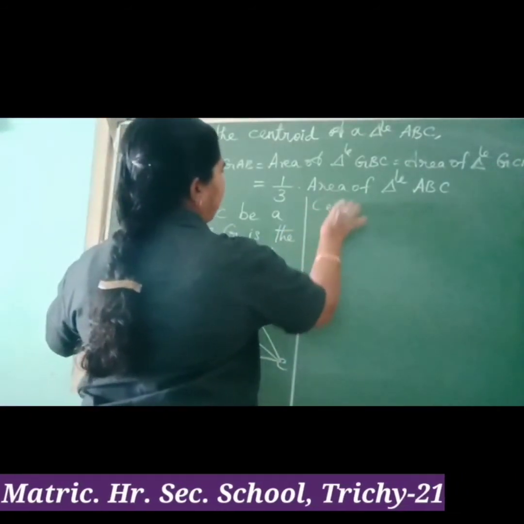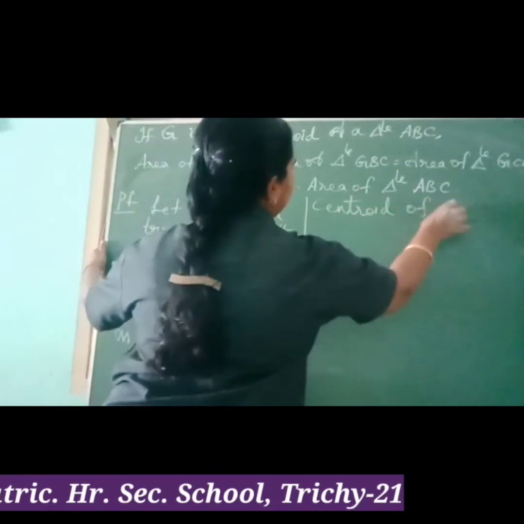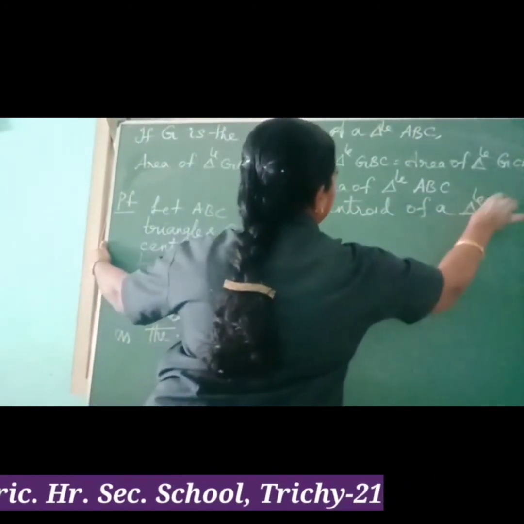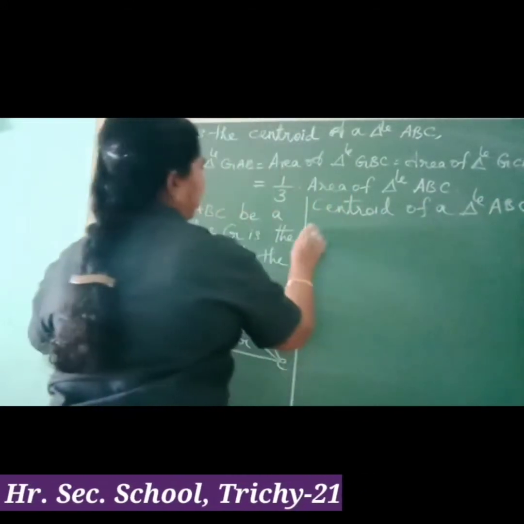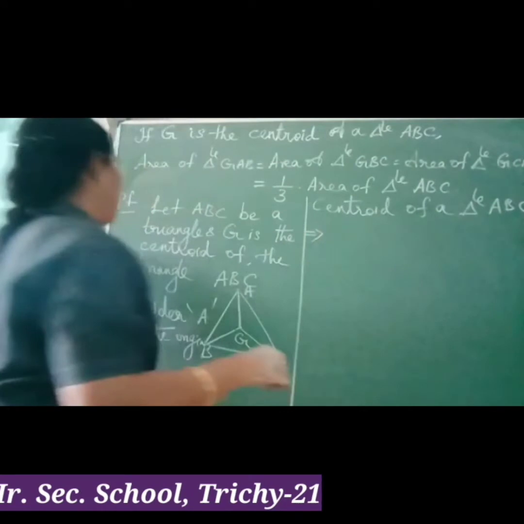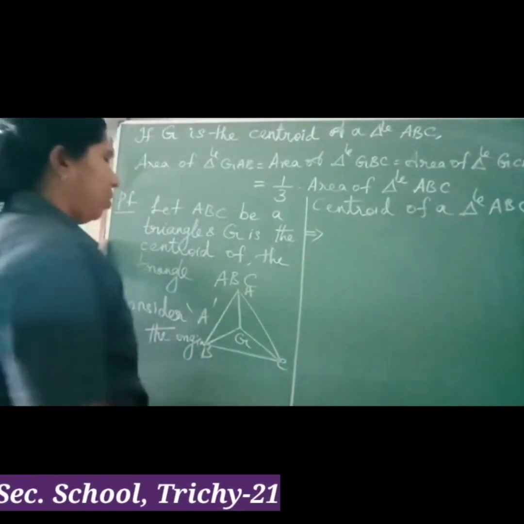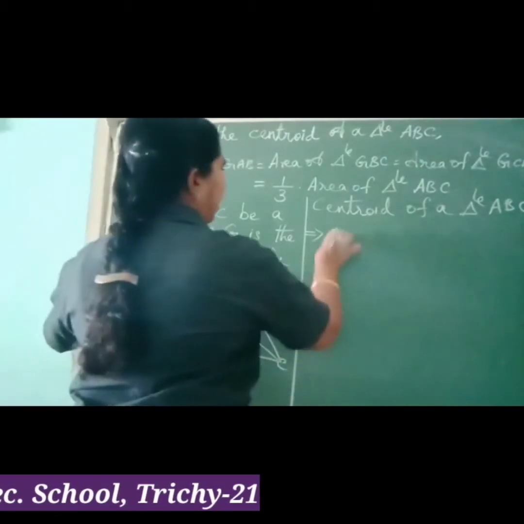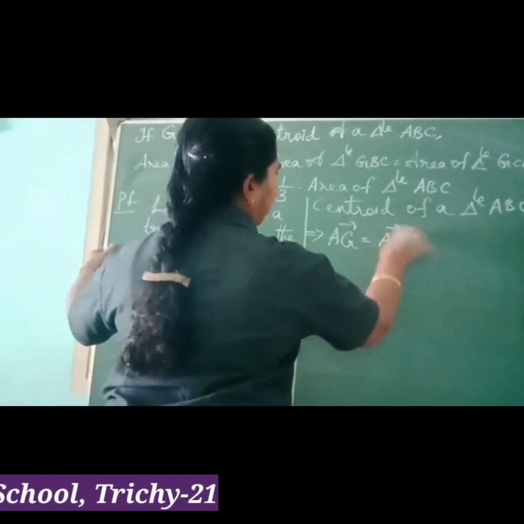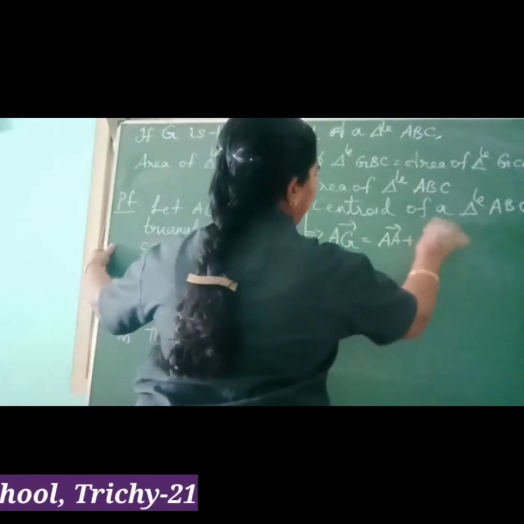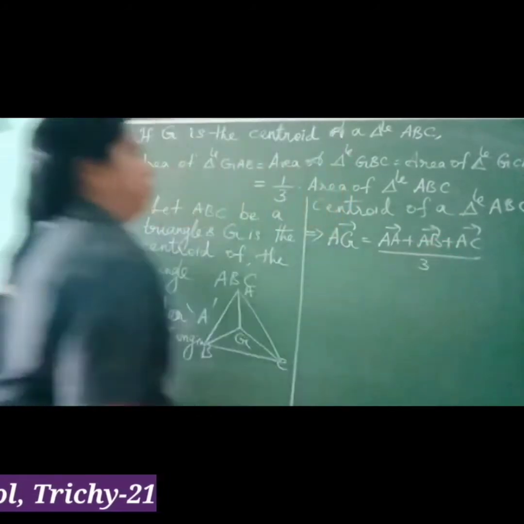Therefore, the centroid of triangle ABC: G is the centroid. Consider A as the origin. So, AG vector is equal to A vector plus AB vector plus AC vector divided by 3.